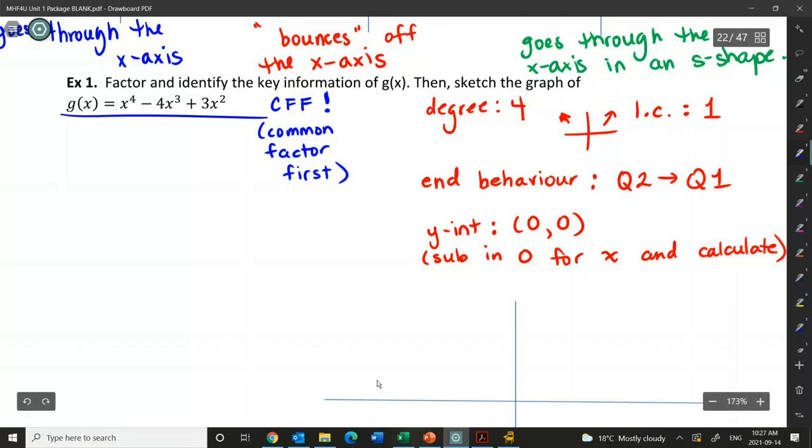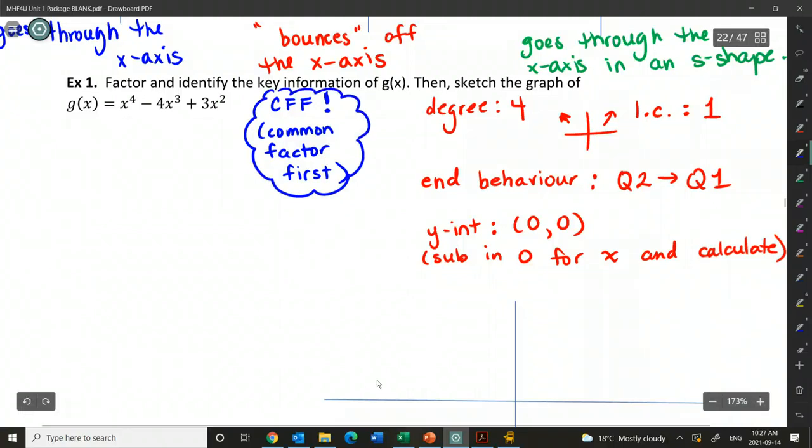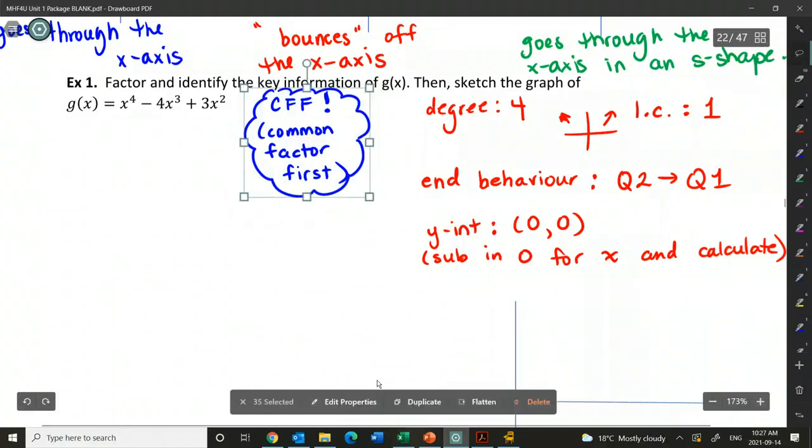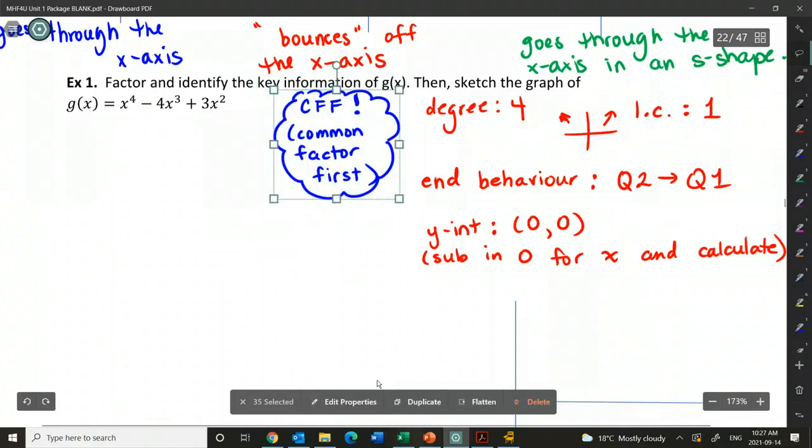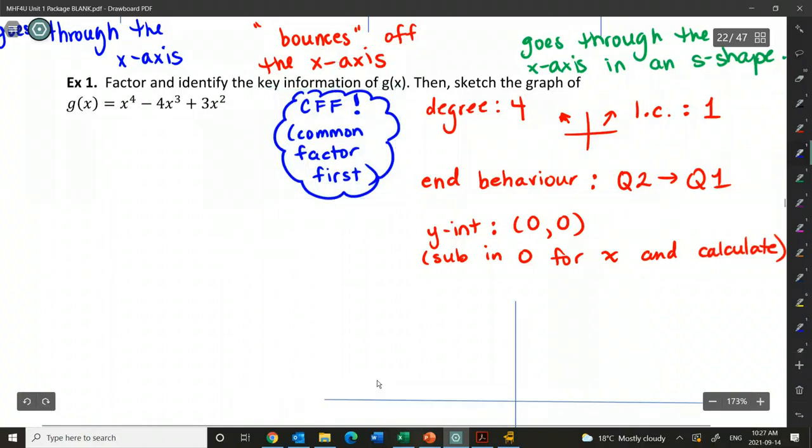So are there any common factors here? That's the question I want to ask myself to start here. I'm looking at the numbers and also the variables. Is there something I can take out from all terms? Carol? The x squared. I can take out an x squared from every term. Every term has 2 x's in it, so I'm going to remove that. It doesn't disappear into thin air. It just comes out front, and I start a bracket, and I write what's left.